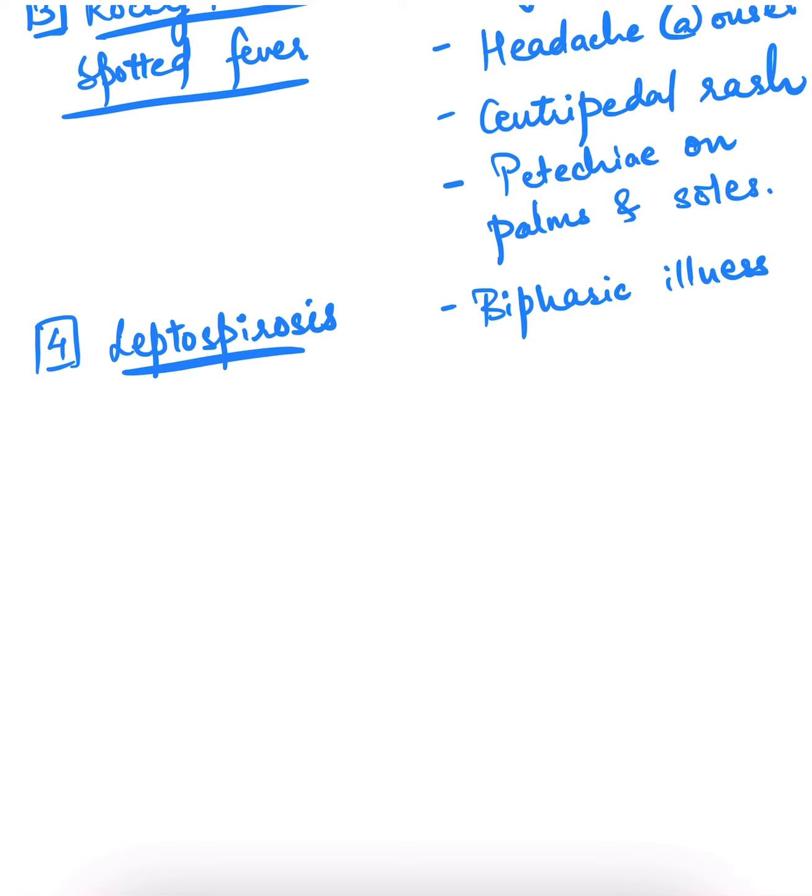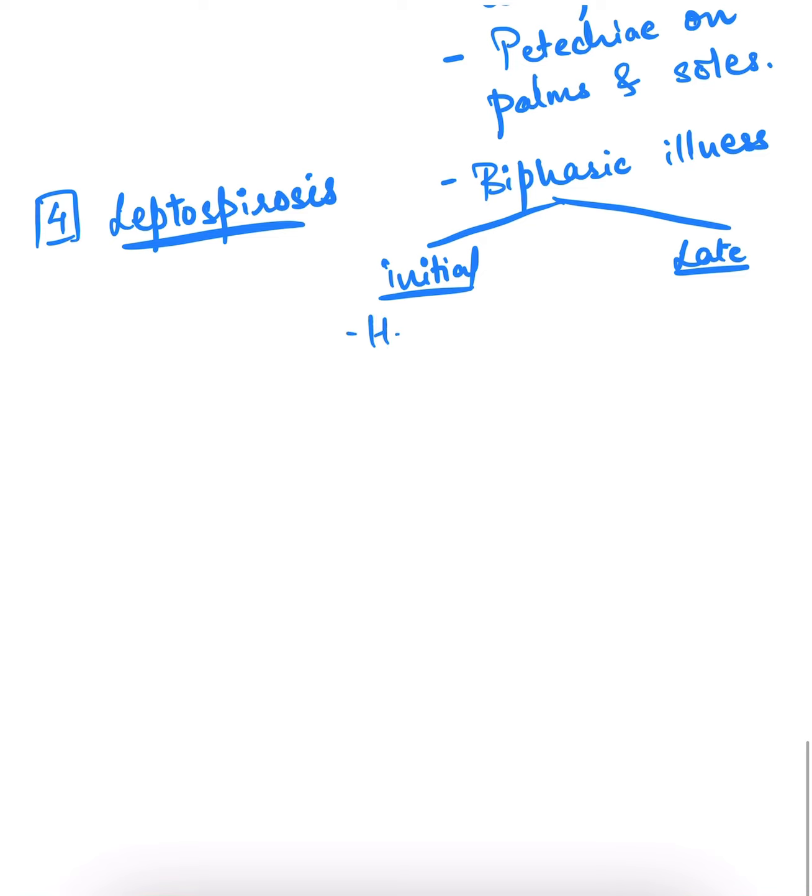So what all is seen here is in two phases. It's in the initial phase and then the late phase. So in initial phase, headache and fever is seen, and in late phase there is hepatic and renal failure.